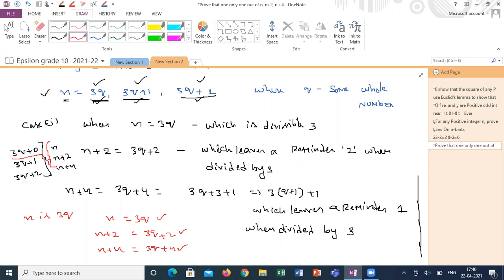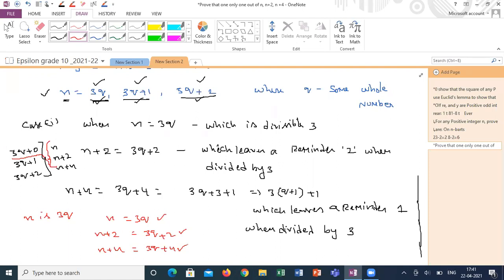Yes, sir. Because 3q plus 2 can't be divisible, because if I divide by 3, I get a remainder 2. If I divide 3q plus 4 by 3, I get a remainder 1. So 3q plus 2 can't be divisible by 3, 3q plus 4 also can't be divisible by 3, but 3q can be divisible by 3.